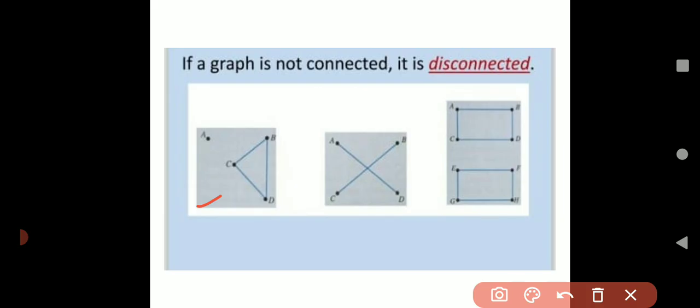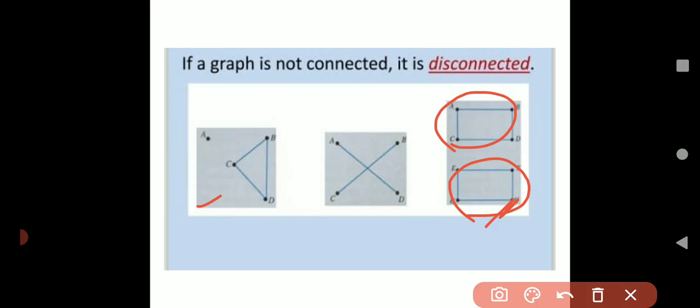And here also we don't have a path from A to B or A to C, or B to D, C to D. So this is also disconnected. And in this graph, we don't have a path from C to E or A to E, any one vertex from this component to this. So this is also disconnected.